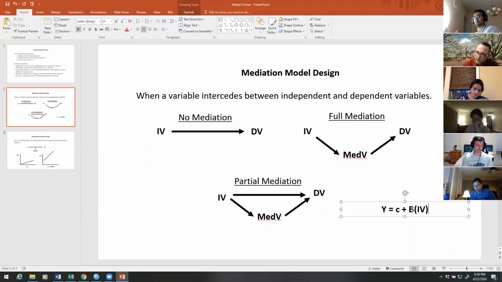Full mediation would be a little different, because embedded in here would be the mediating variable. But with partial mediation, the way it looks is we'd have a second beta thrown in here. Let's see if I can do beta 1, and then this will be beta 2.